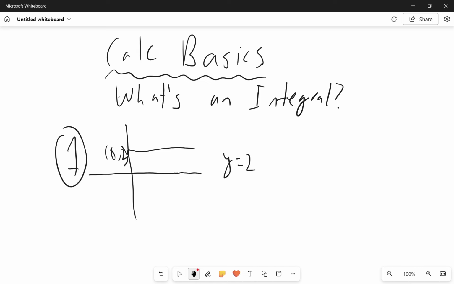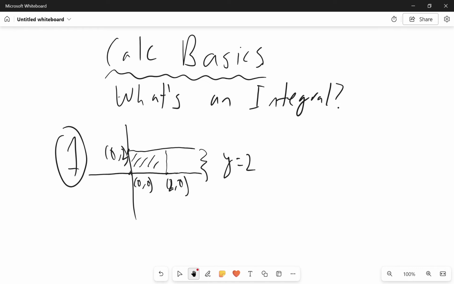And say that we want to find the area underneath this function. That is to say, the area between the function and the x-axis. Well, it would be an infinite area if we just continued all the way out as far as the function stretched. But let's say we want to look at the area specifically from the point 0, 0 to 2, 0. So from x equals 0 to x equals 2. So we want this area right here.